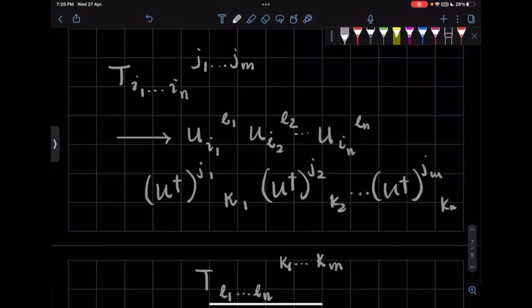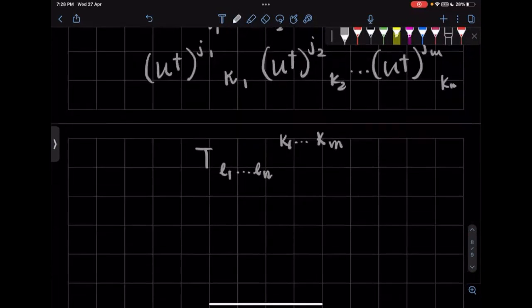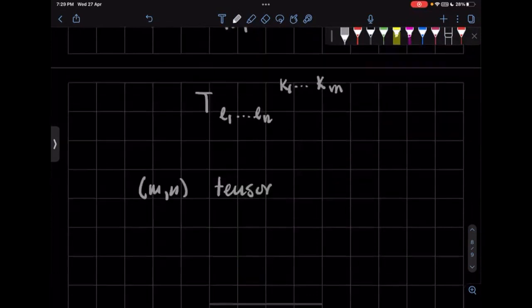Okay, so this is what I might call an (n,m) tensor.